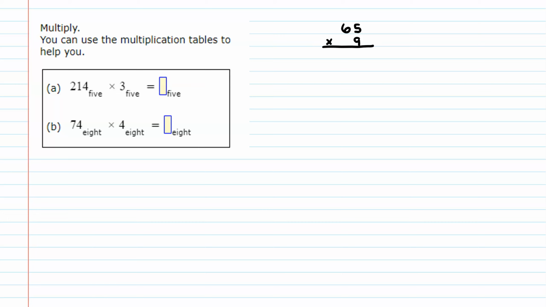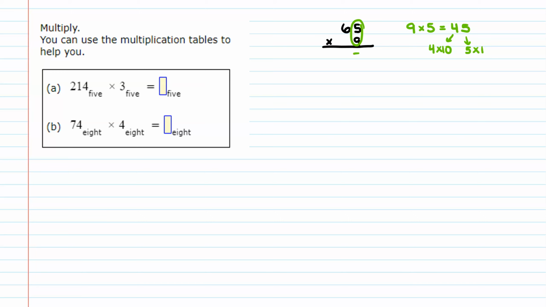We would take 9 times 5, and that makes 45. And since we're in base 10, we know that the 4 is 4 tens, and the 5 is 5 ones.